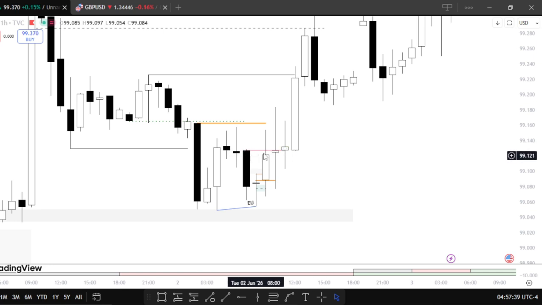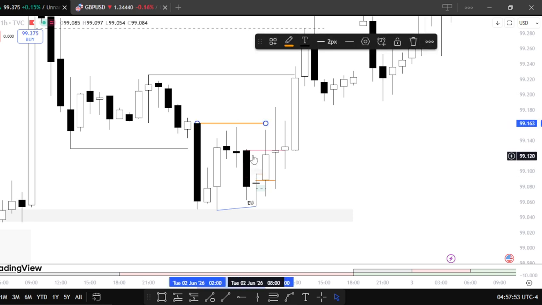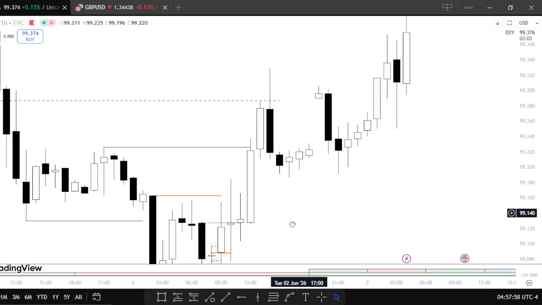Okay, so this is consolidation. Let's remove this line, and this is the main change in state of delivery. This is the one I marked out. Okay, and this is the more aggressive one in the hourly time frame.